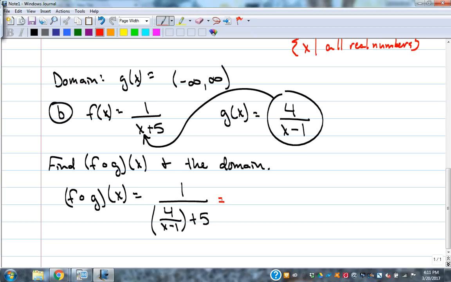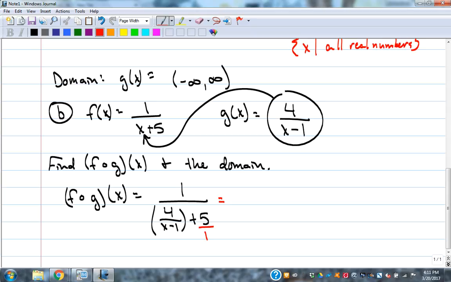So how do you add two things together when one's a fraction and one is not? Make the other one a fraction. And to add fractions, we have to have what? A common what? Common denominator. So that's 5 over 1. It needs to be 5 over something over x minus 1, because the first fraction has x minus 1 on the bottom.